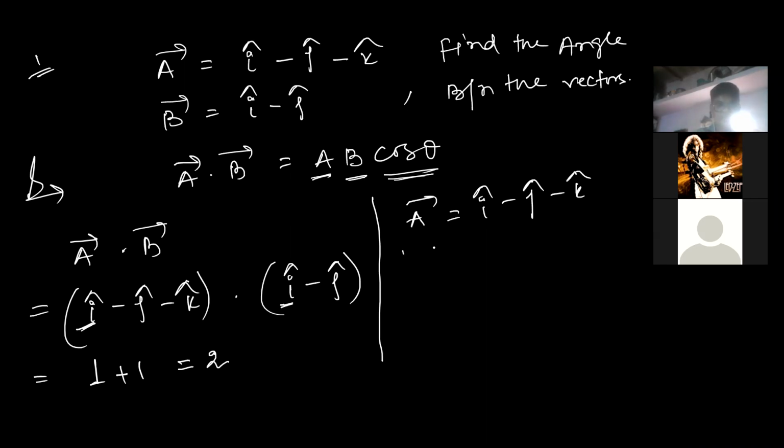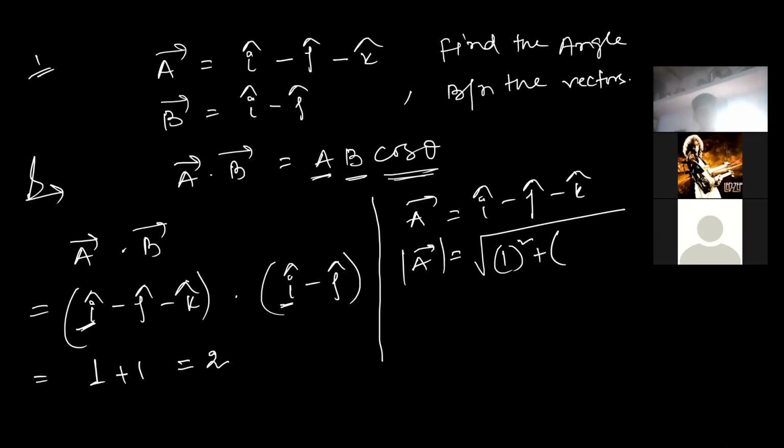So modulus of a vector will be under root of coefficient of i cap, which is 1, its whole square, plus coefficient of j cap is, what is the coefficient of j cap? Whether it should be 1 or minus 1.